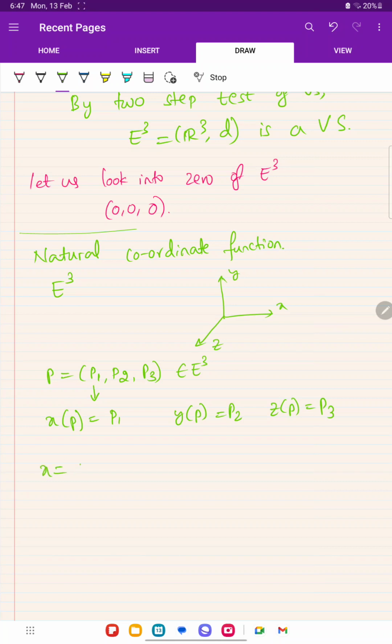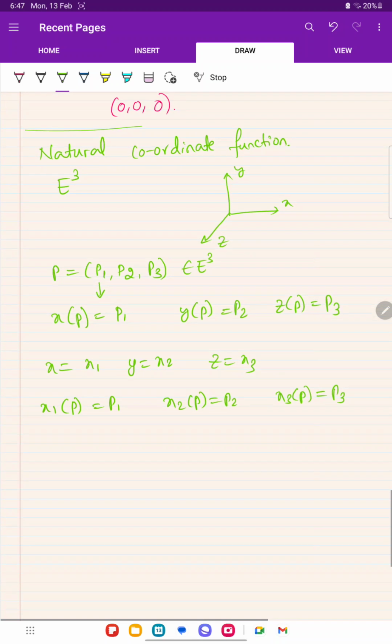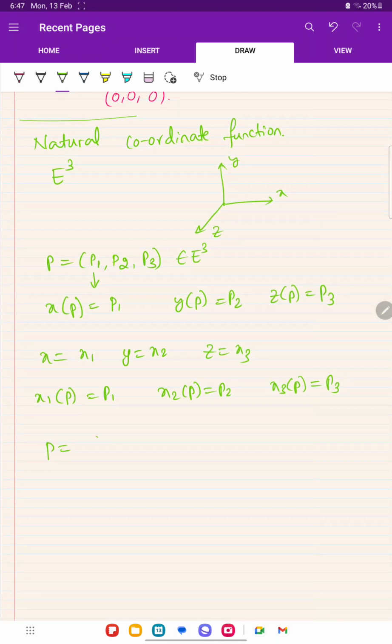Therefore, I will take x as x1, y as x2, and z as x3. Then x1 of P is equal to P1, x2 of P is equal to P2, and x3 of P is equal to P3. So I can rewrite the point P, which was (P1, P2, P3), as P1 is x1 of P, P2 is x2 of P, and P3 is x3 of P.